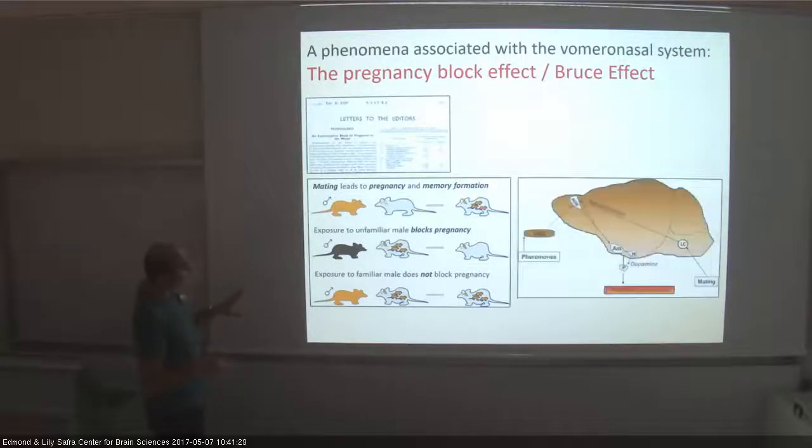But the reason I'm showing this, first because it's cool, but also to show that in order to be able to mediate this effect, the female mouse has to have the ability, or the neurons in the AOB need to have the ability to distinguish between different individuals, right? Otherwise, how can it distinguish between the brown and the black male? I'm not going to talk about the cascade of events that elicits the pregnancy block. There's just not enough time for that.